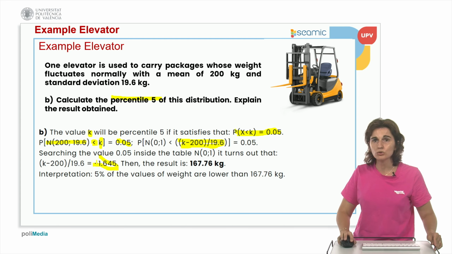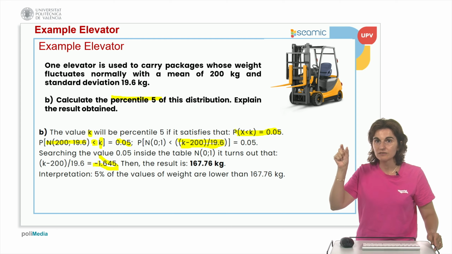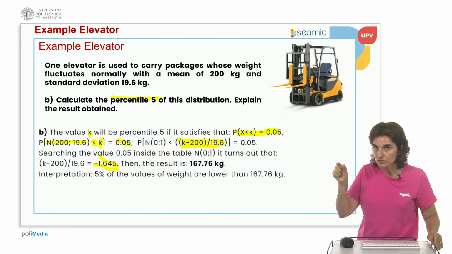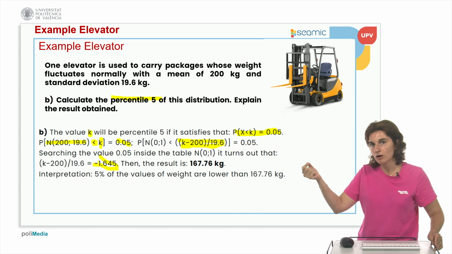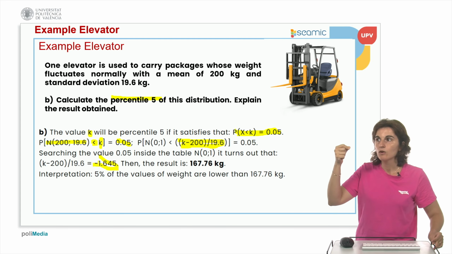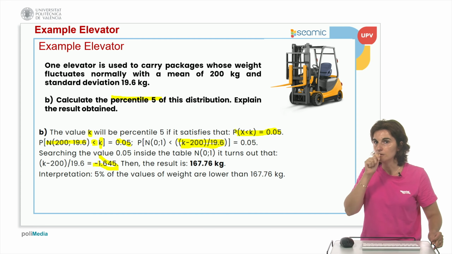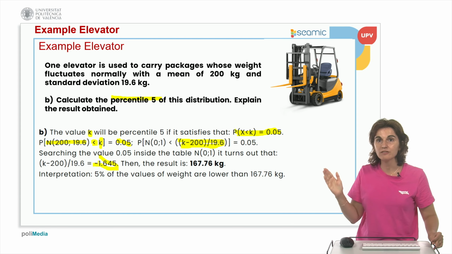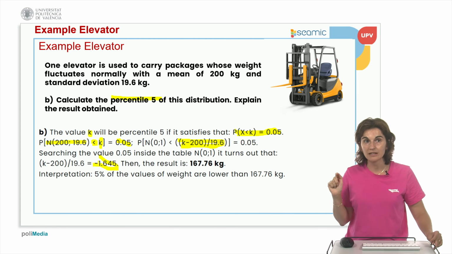Indeed, usually this value is between negative 1.64 and negative 1.65, so it's a value in the middle of both, so we take 1.645, but you don't need to be so accurate. You could work with negative 1.64 or negative 1.65. What's very important here is to realize that we need the negative because as the 0.05 is on the left, it's below, we are aware that the zeta is going to be negative.